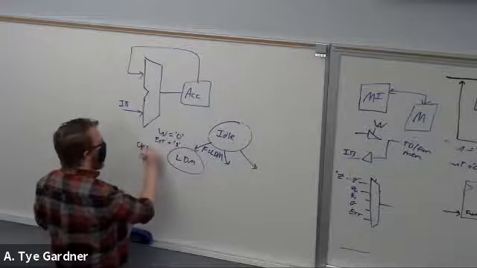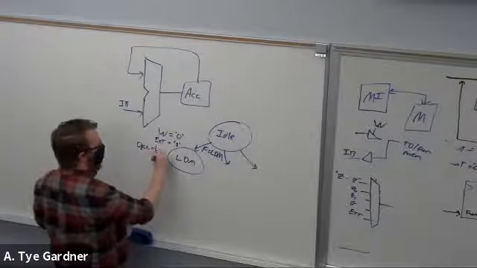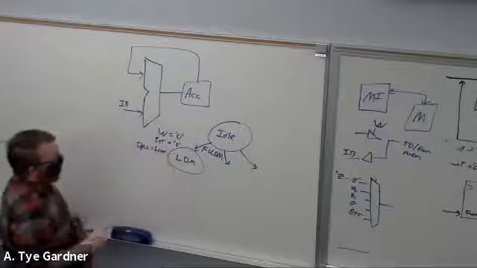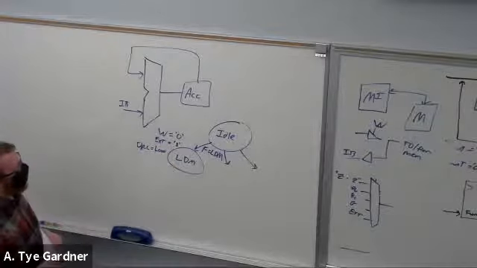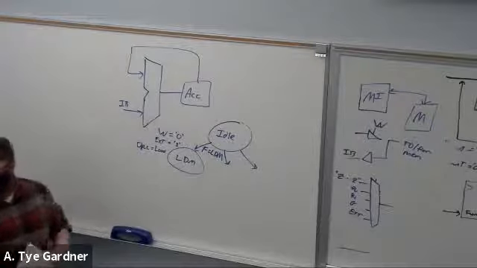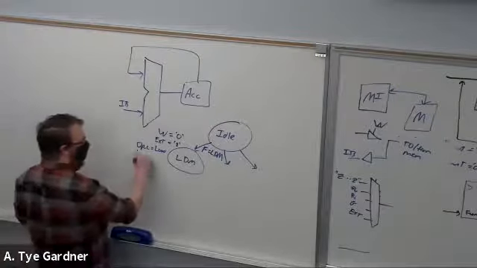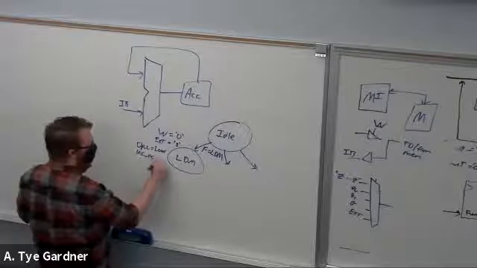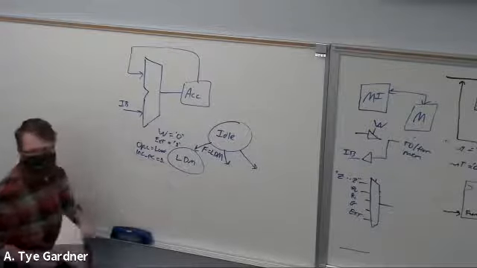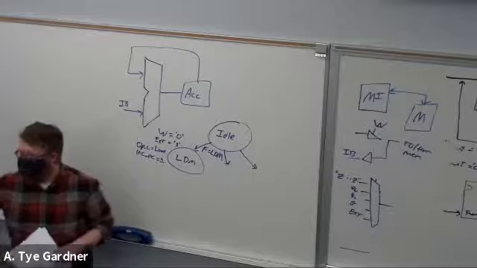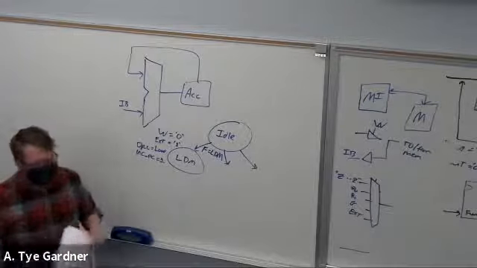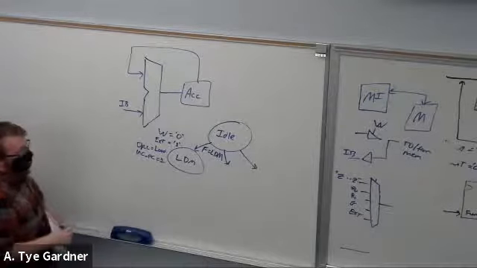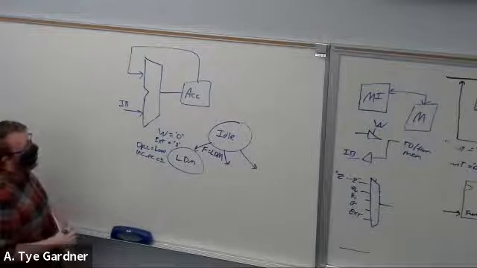Opcode equals load. Is that all? I think that'll do it, right? Oh, and PC equals 1, right? So I want to go on to the next command because I'm done. That's load from memory.